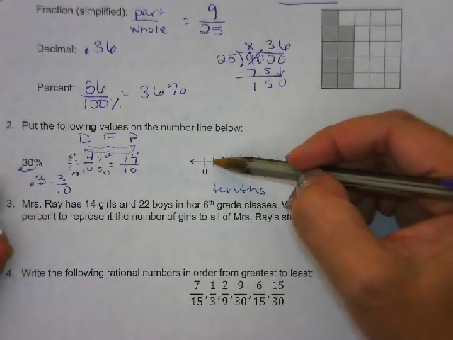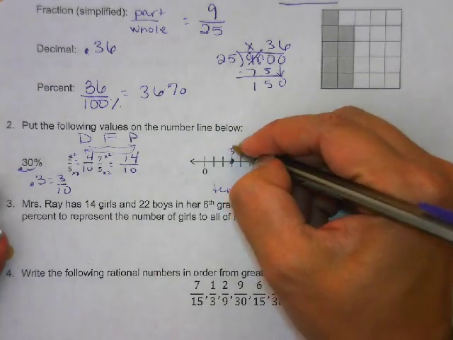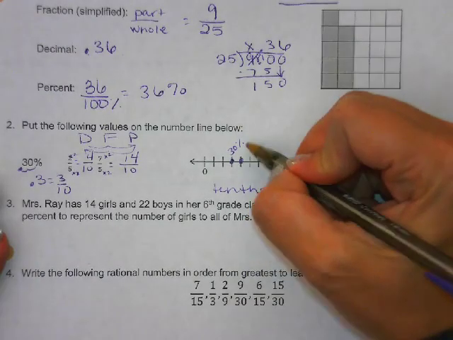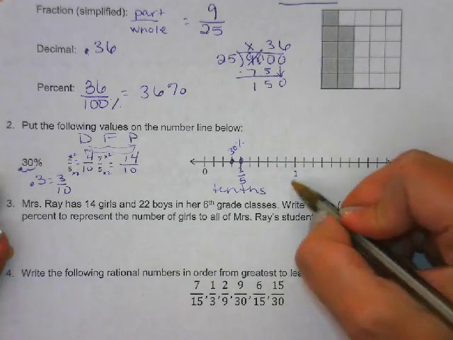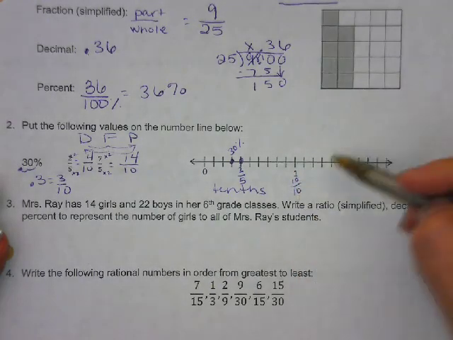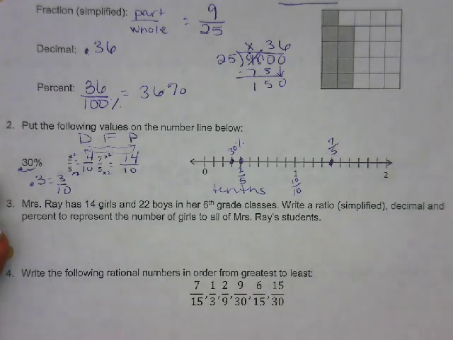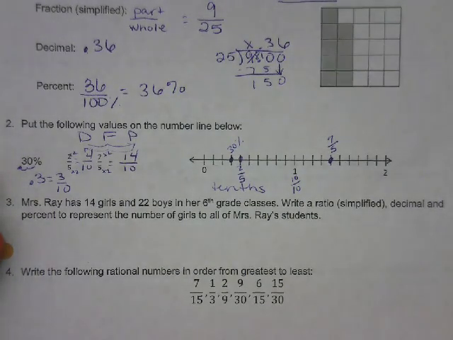So 3/10 is 1 and 3/10. So this is 30%. 4/10 would be right next to it, so this is 2/5. And then I know that this is 10/10, 11, 12, 13, and 14/10. So here's my 7/5. Remember, if it is a bigger numerator, that means it's improper, means it's more than 1.